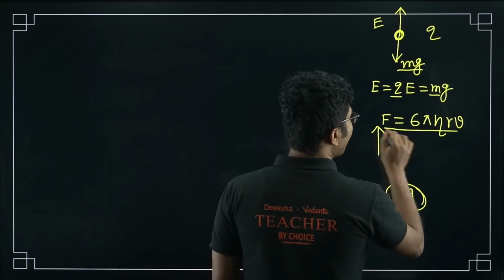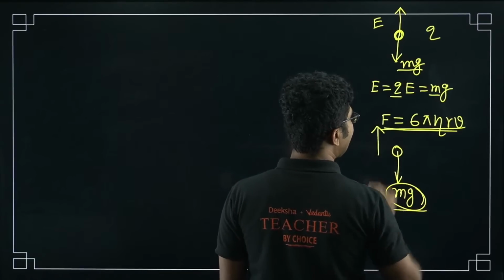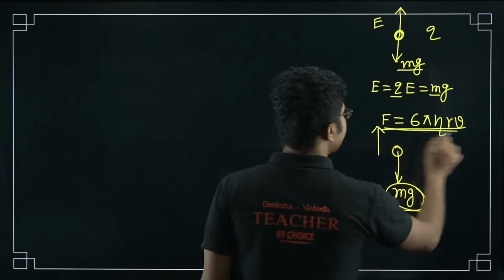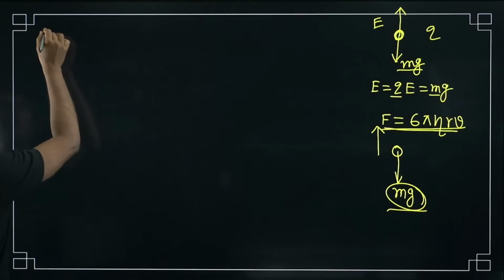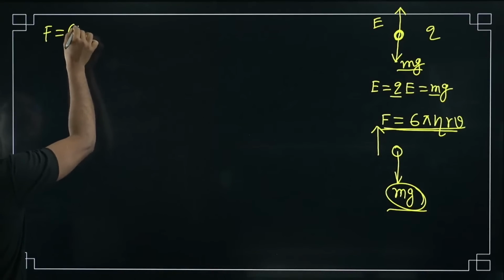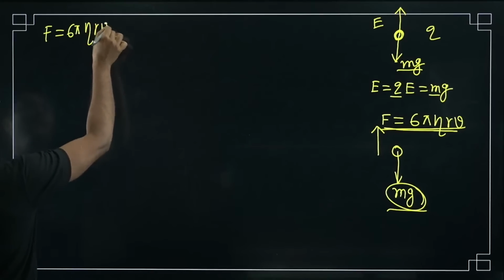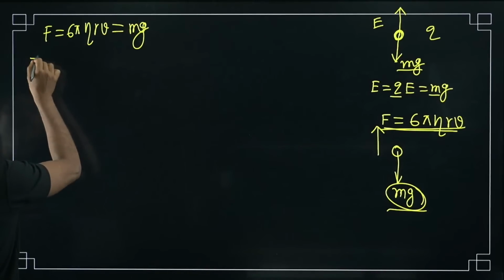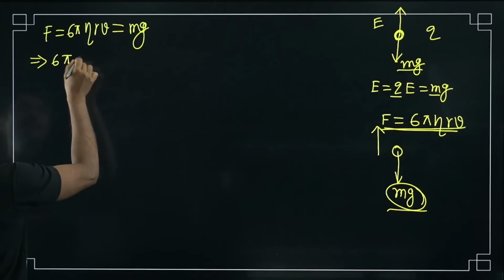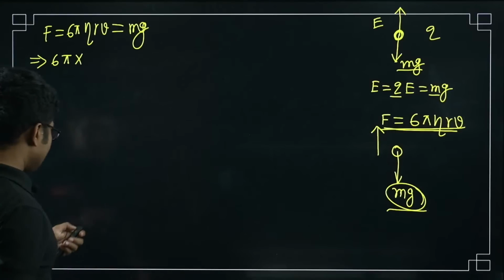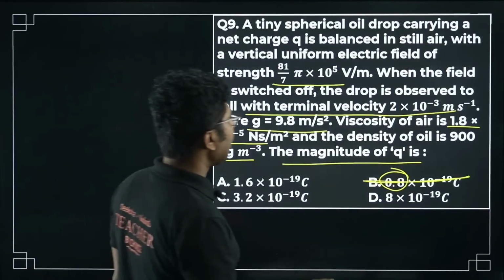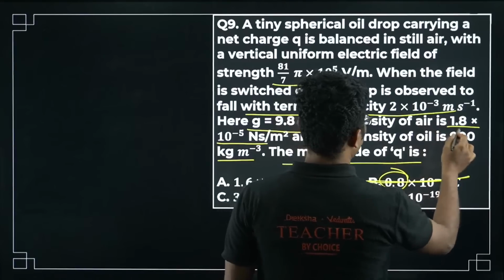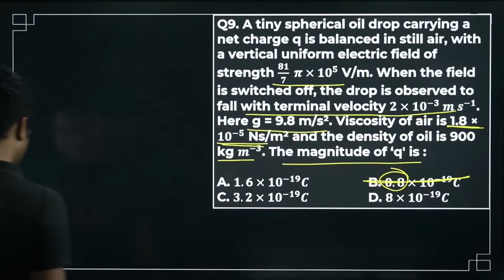First, from this information we will calculate the mass of the sphere, or basically the radius of the sphere. So force equals 6 pi eta r v, and that equals m into g. Now eta is given in this problem, 1.8 into 10 to the power of minus 5.